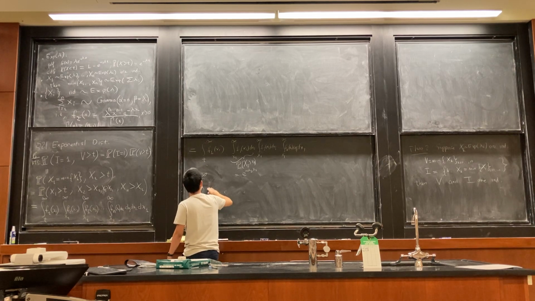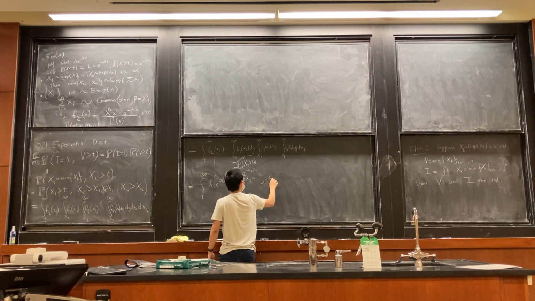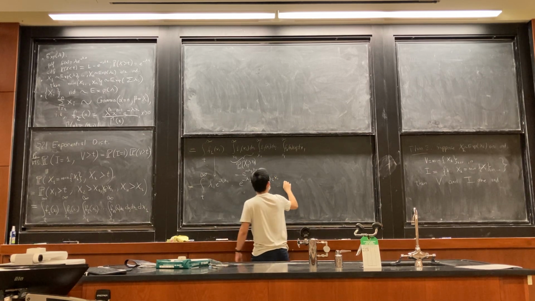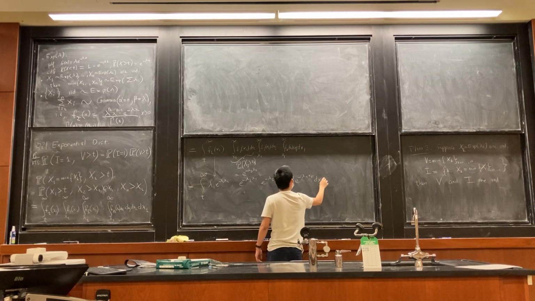So if you just plug in the formula of the density, f1 is going to be equal to lambda 1 e to the minus lambda 1 x1, times e to the minus lambda 2 x1, e to the minus lambda 3 x1, and so on.